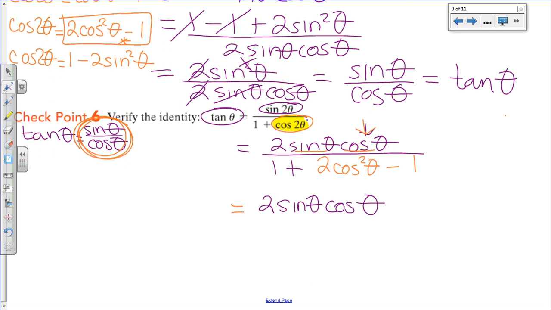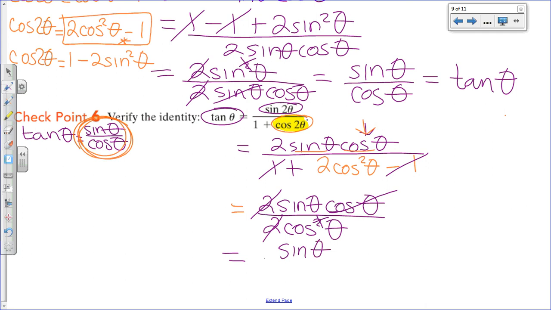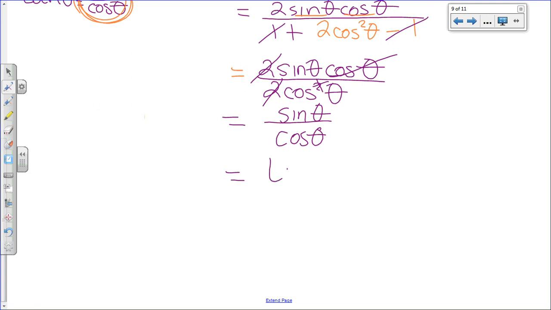We have 1 minus 1 that cancels out, so we end up with 2 cosine squared theta. Right here, 2 divided by 2 is a 1. And we can cancel cosine theta with one of the cosine thetas, and we will have sine theta over cosine theta. And so just to finish this up, this is equivalent to tangent theta, which was what we were trying to do from the beginning.